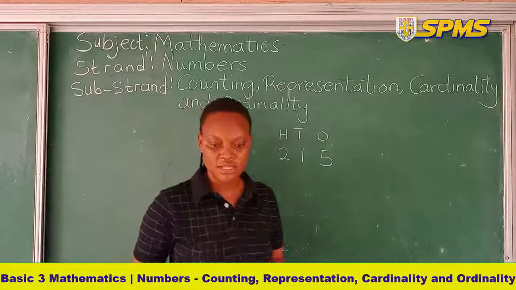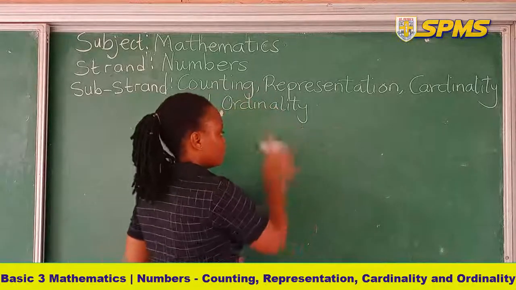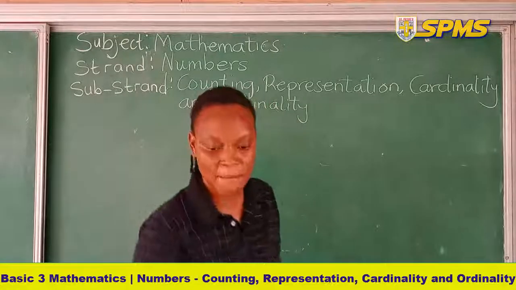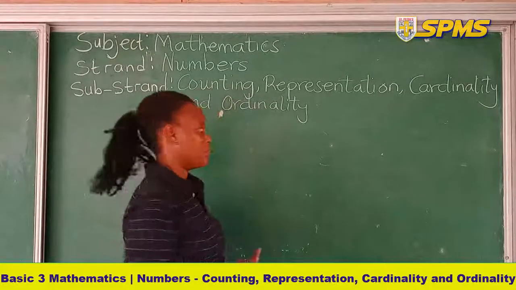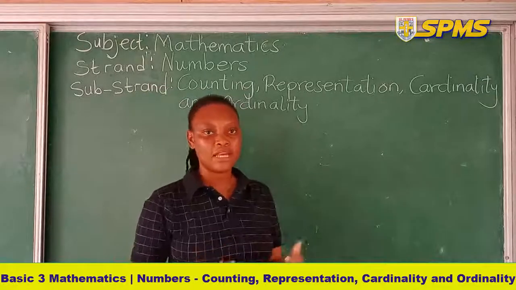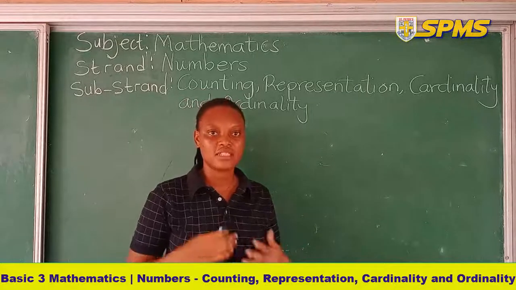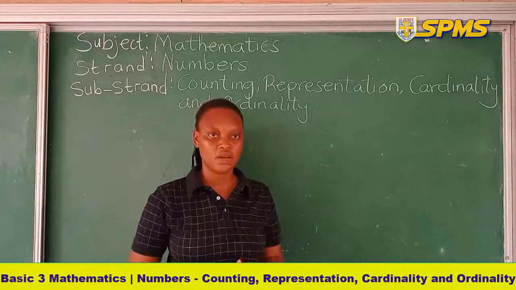Let us do more examples to know our place values. So we have a number frame. The number frame is made up of our place values. That's the thousands, the hundreds, the tens, and then the ones.